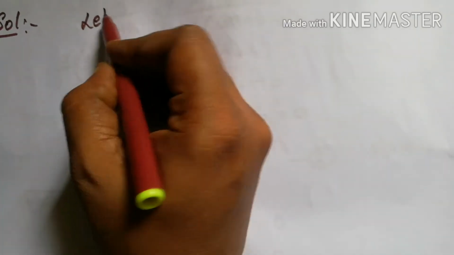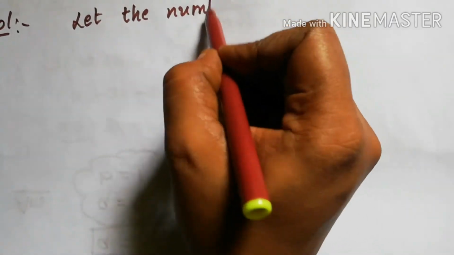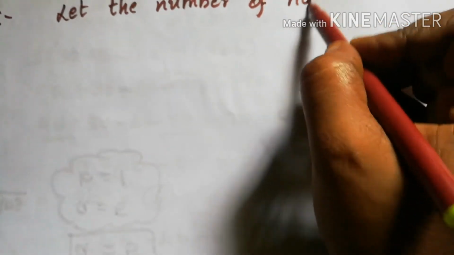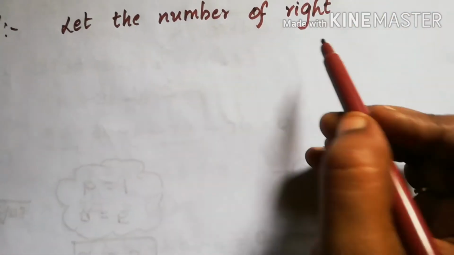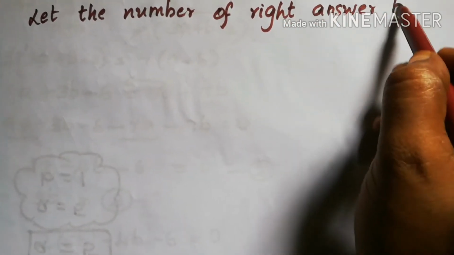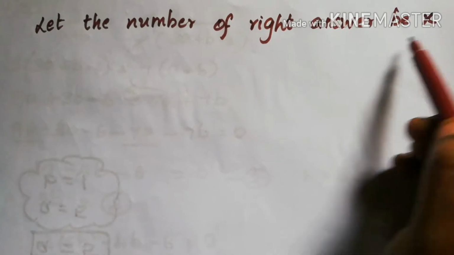Let us assume, let the number of right answers be x. So how many right answers are there? x right answers are there.